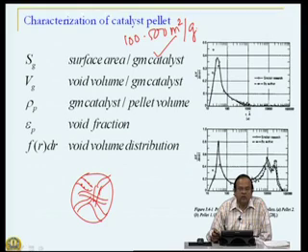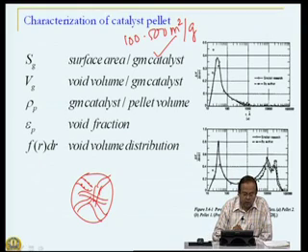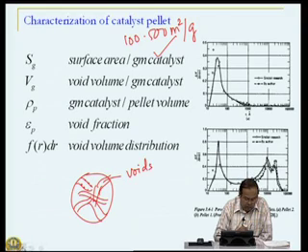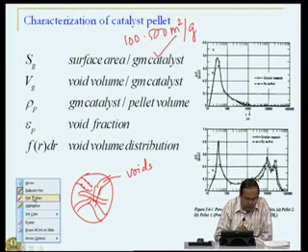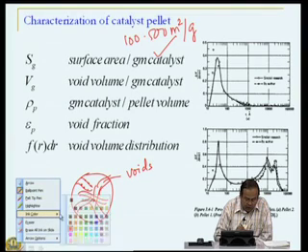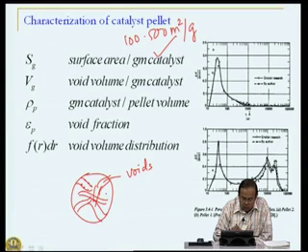The second quantity of interest is, as you will realize, that this particle which we have shown as a spherical particle is not all solid block. So, it consists of voids through which the gas will flow, and the solid material. So, we have voids, and then we have the solid material.